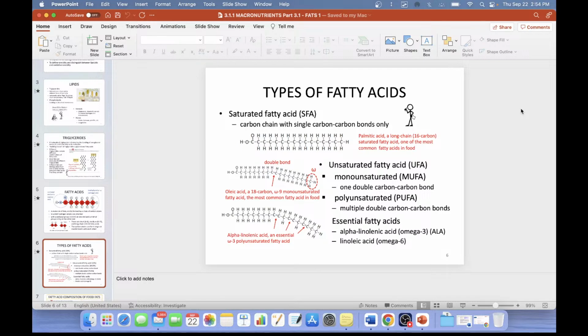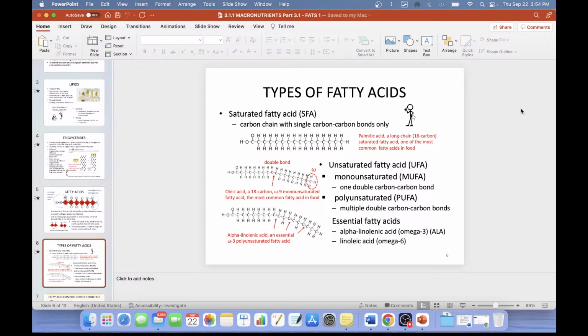So the body is pretty good at converting fatty acids that it needs, taking other fatty acids, or even producing them from other molecular bits. But there are certain fatty acids that the body cannot make. And these are called omega-3 and omega-6 fatty acids.